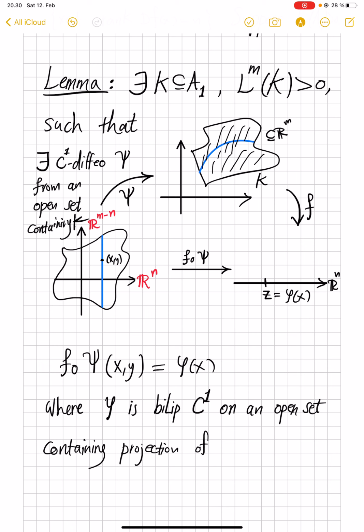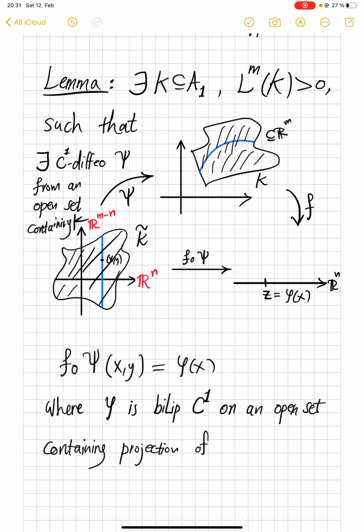Let's call this K tilde, the image or pre-image of K, because psi is a bi-Lipschitz C1 diffeomorphism, it has a C1 inverse. We can even identify K and K tilde. So K tilde and K are just the same under the identification psi.